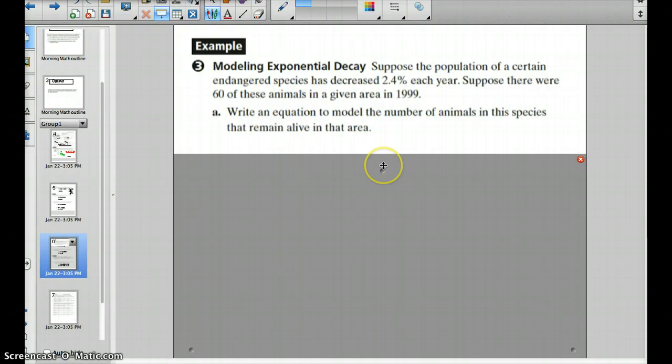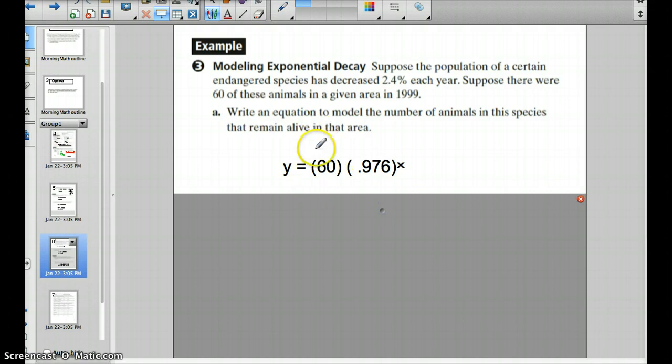So to write this, we follow the same rules. A is our starting value. A is 60. Now, with our growth factor here, we're actually decreasing. So we're going to take that 1 and we're going to subtract the 0.024 from that, okay? 1 minus 0.024, and that's going to give me the 0.976.